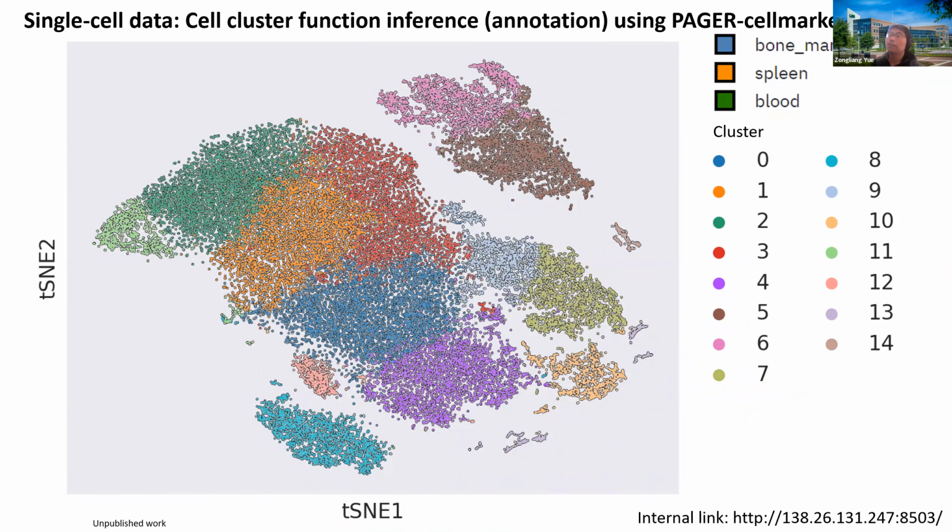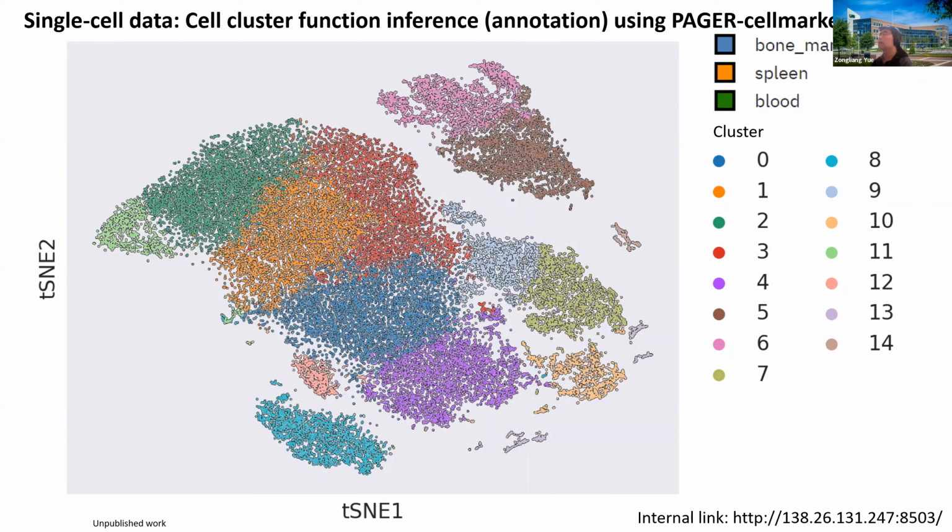And for the single-cell data, PAGER can also do additional cell cluster function inference. I just put here bone marrow, spleen, and blood mixture cells from a mouse, identified by antibodies with hashtags using the 10x sequencing technique.